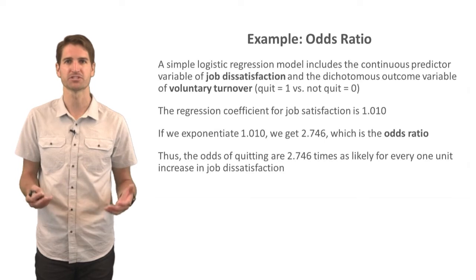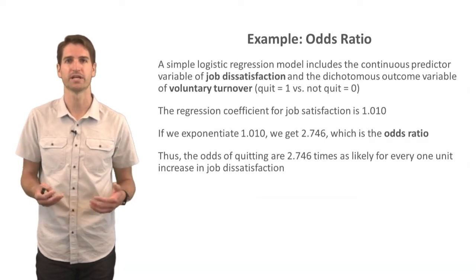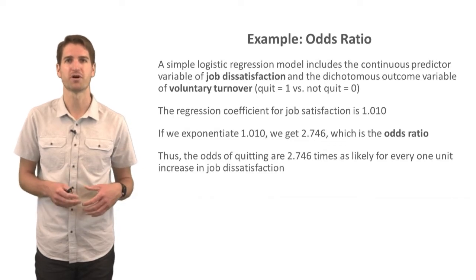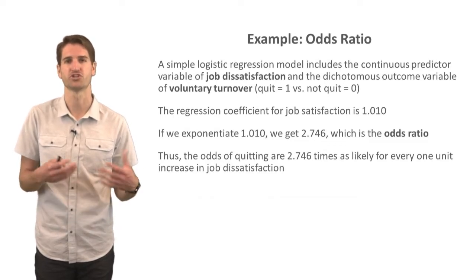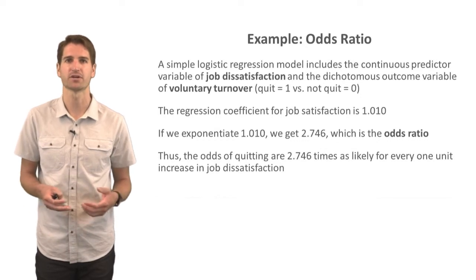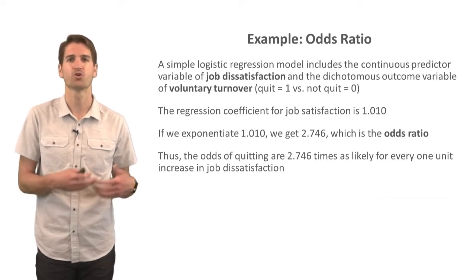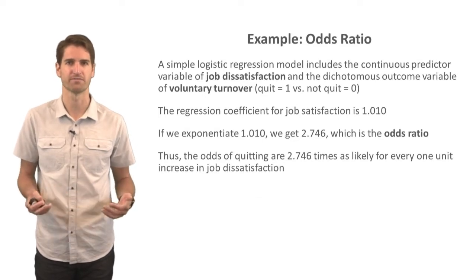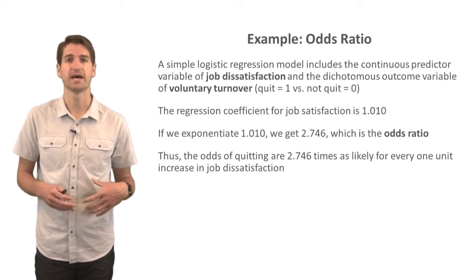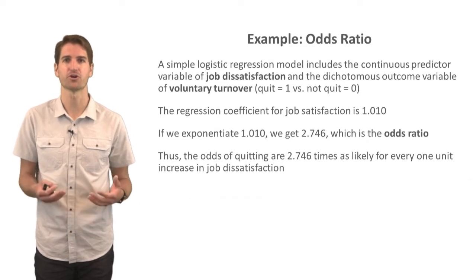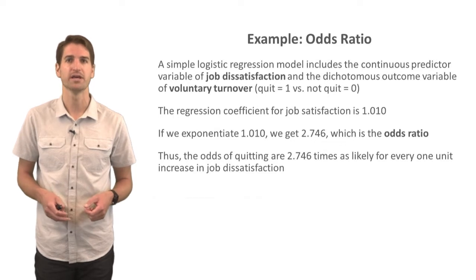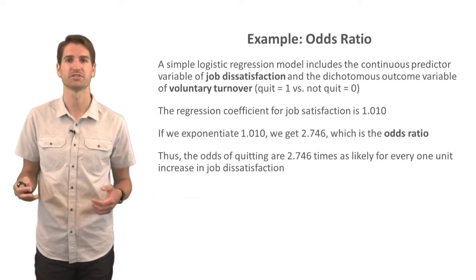So let's work through some examples of how to actually interpret an odds ratio and how to calculate it as well. A simple logistic regression model, let's assume, includes the predictor variable of job dissatisfaction and the dichotomous outcome variable of voluntary turnover, where quitting is equal to 1 and not quitting is equal to 0. Let's say that on our estimated model, the regression coefficient associated with job dissatisfaction is 1.010. Now, if we exponentiate 1.010, we get 2.746.